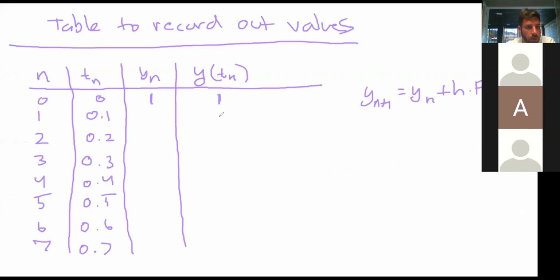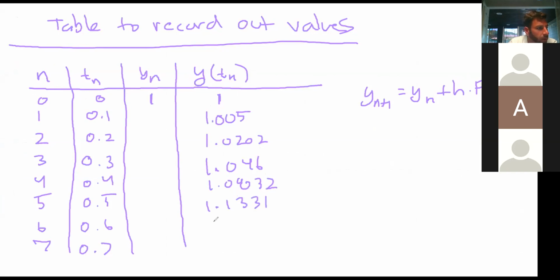So I have this table. This is 1.005, and then this is 1.0202 if I round. 1.046. 1.0832. 1.1331, and then 1.9197, and then 1.277.